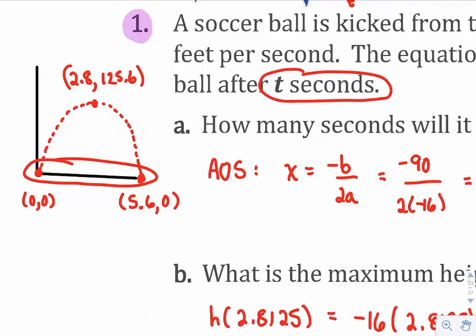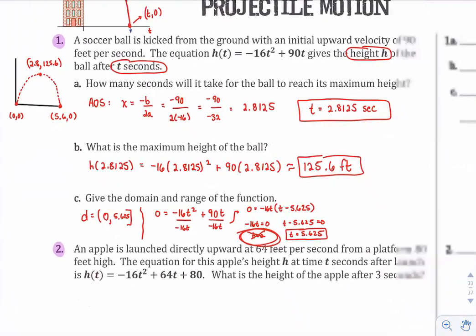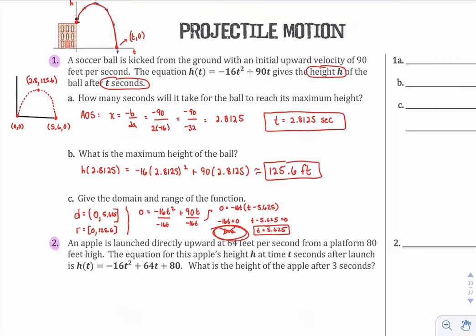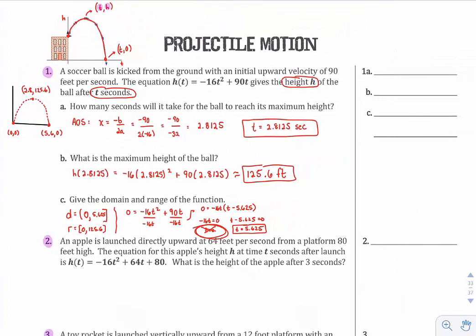We don't go below ground here, where the soccer ball just hits the ground and stops. So my range, I'm able to go ahead and label, and my range is going to range from 0, which I do touch, and it goes all the way up to my vertex, which is at 125.6. And I think that in this case is feet, but again, we're all good anyway. So that's going to be your range.